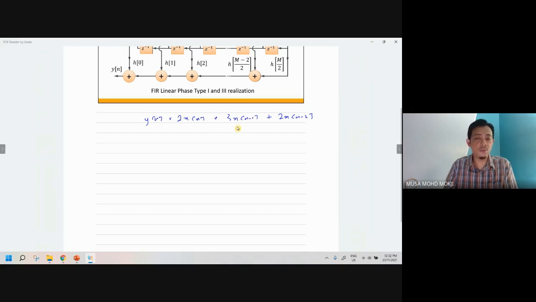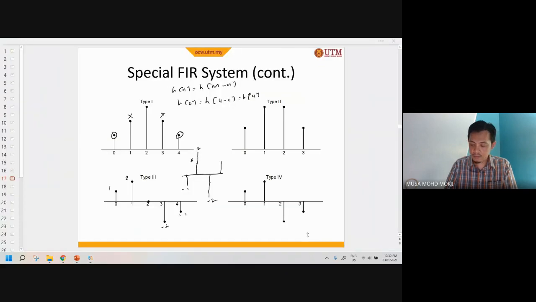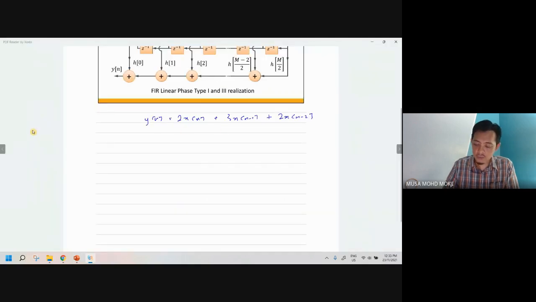This is actually type 1. What is a type 1? Type 1 is when you have an odd number of samples, odd length. So in our case, 3. If you sketch, at 0 it is 2, at 1 it is 3, and then again it is 2. So that's your h[n].